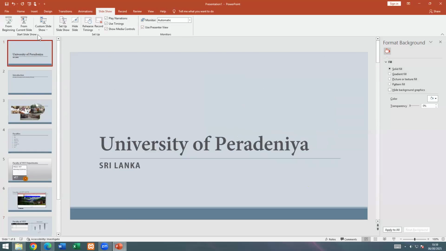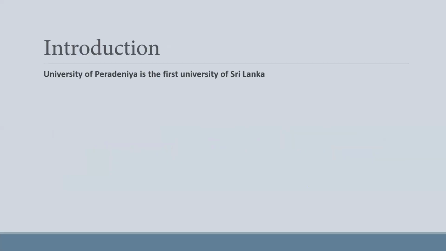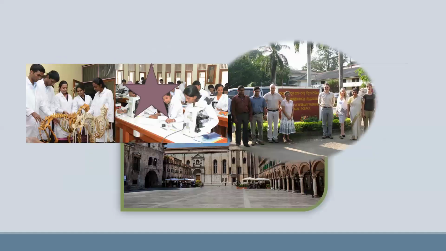Then when you go through the presentation, you can see from one slide to the next slide, all the things appear at once. It jumps into the second slide. Then I press the right key.